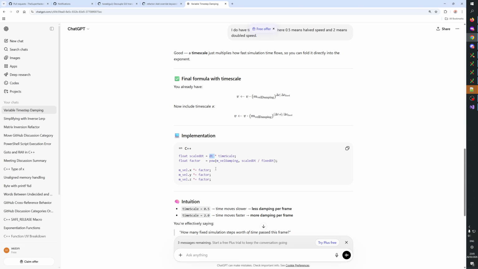Is that right? Factor damping scaled dt divided by fixed dt.